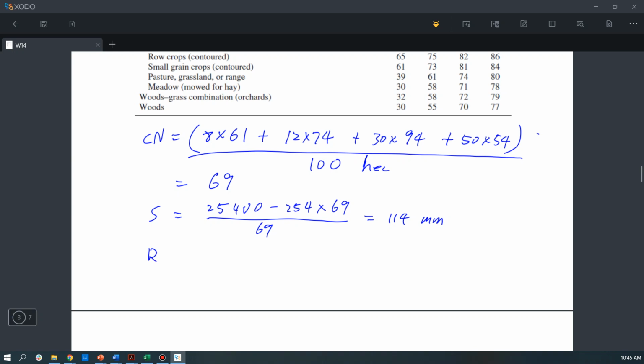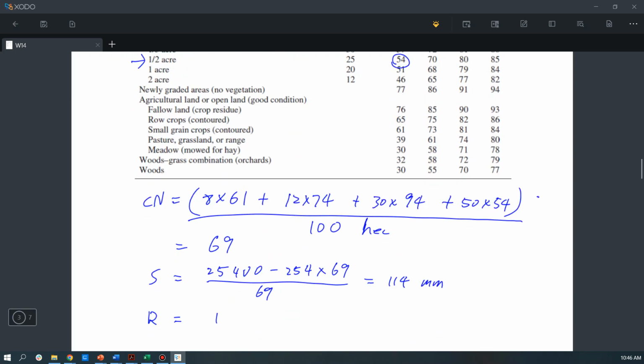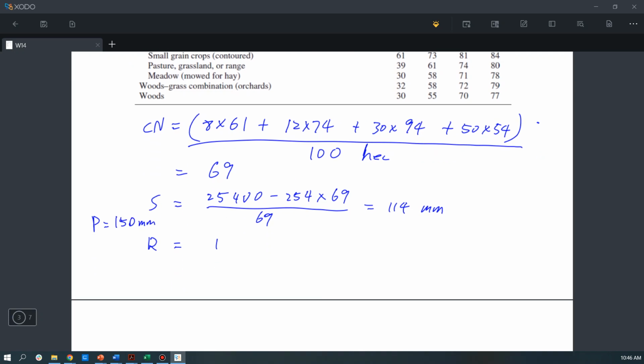And then we can apply this equation 11.5 to calculate the runoff depth. And the P value is equal to 150 millimeter. So we can just put that value into our equation.